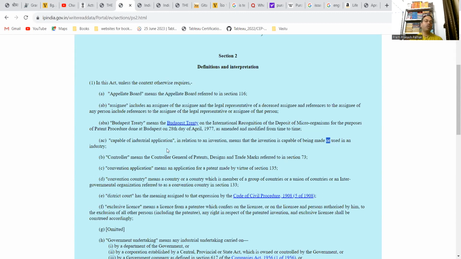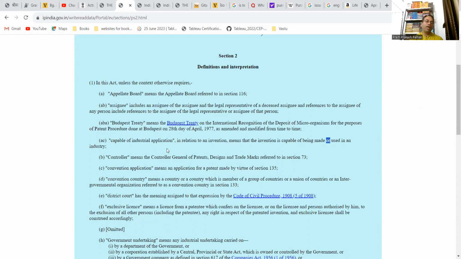And from that, within 12 months, we can go to any convention countries and file an application. And those countries will respect our application similar to how they respect patent applications by their citizens. So these are called convention applications, and this is described in section 135.